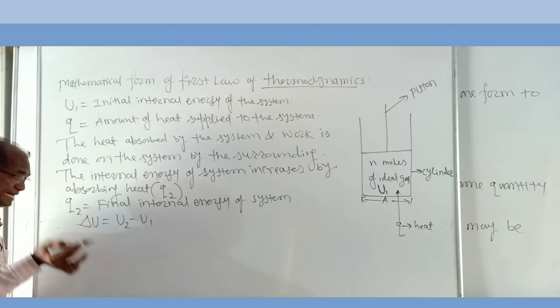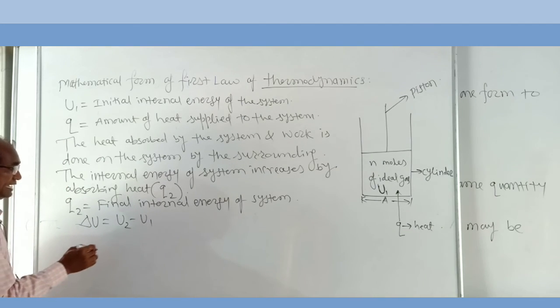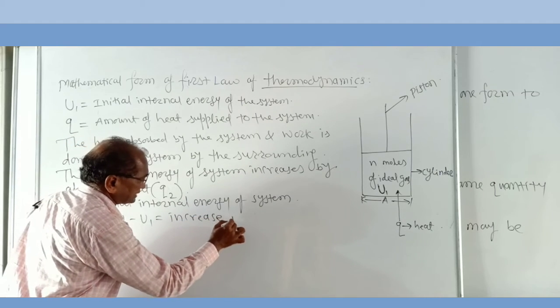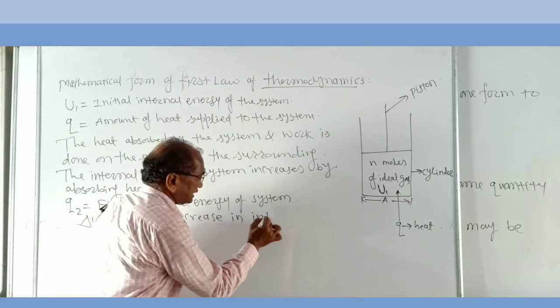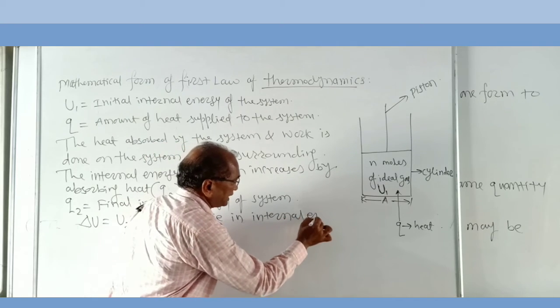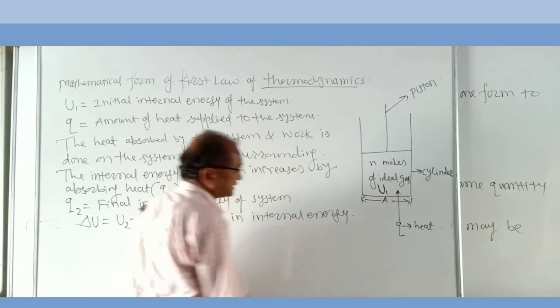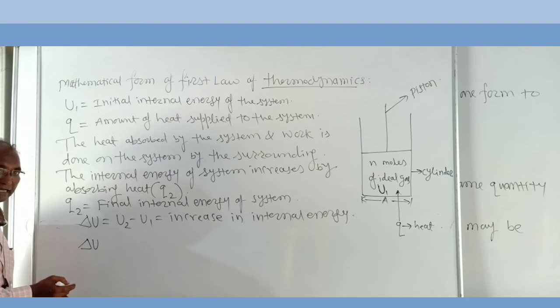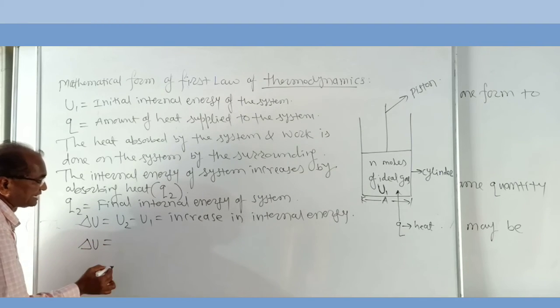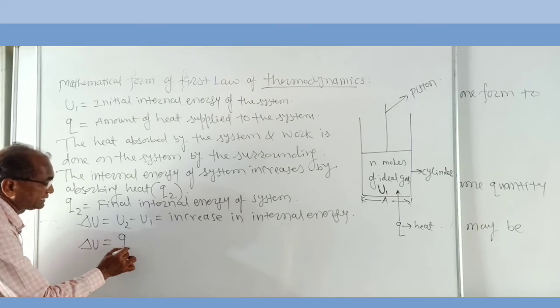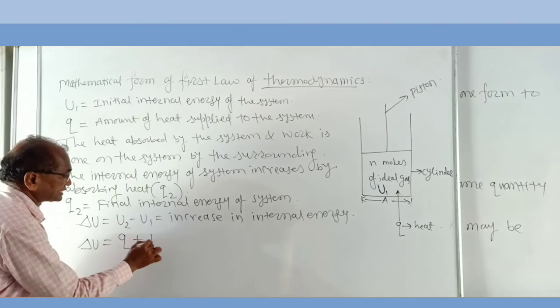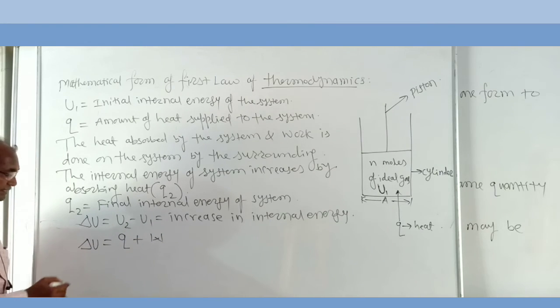The increase in internal energy, delta U, is equal to the heat absorbed by the system plus work done.